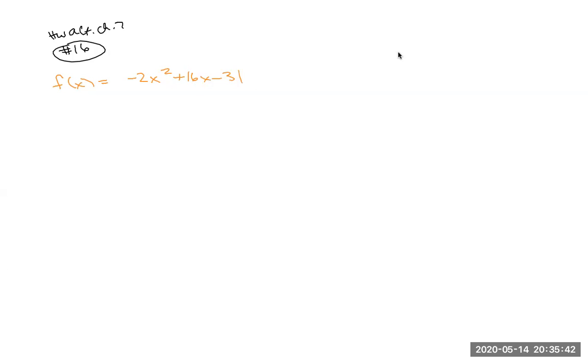Okay, and remember our goal: complete the square and get this form, and then find the vertex.